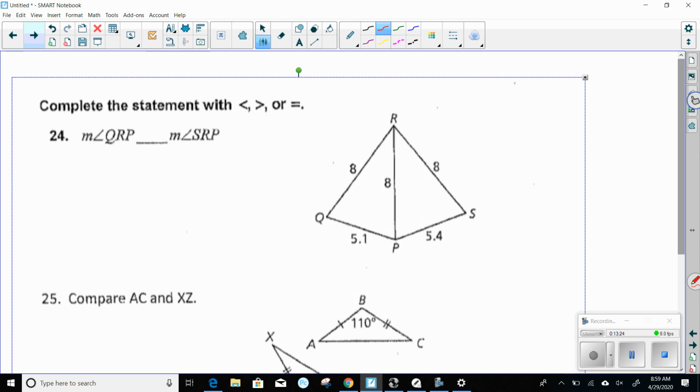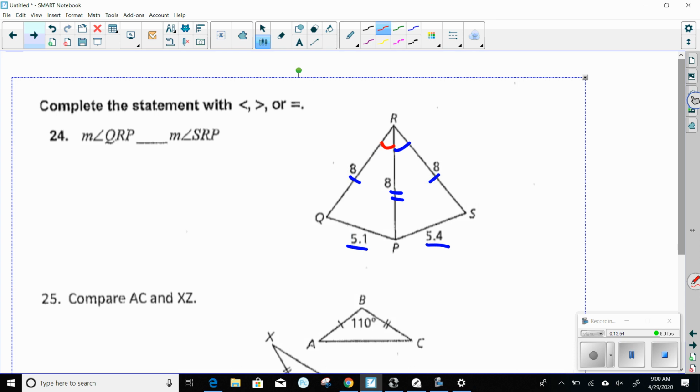Let's see, this is where we're comparing two triangles. So we want to say, is angle QRP greater than, less than, or equal to angle SRP? Well, remember, we can compare those two angles. If I have two congruent sides, we know those two are congruent, and they share this side, those are congruent, then I can compare those two angles by looking at these two sides.